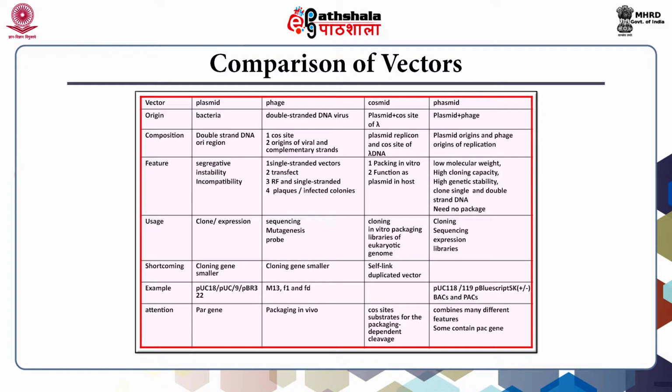In terms of composition, plasmid is a double stranded DNA with an ORI region, phage has a cos site and origins of viral and complementary strands, cosmid has a plasmid replicon and a cos site of lambda DNA, and phasmid has plasmid origins and phage origins of replication.